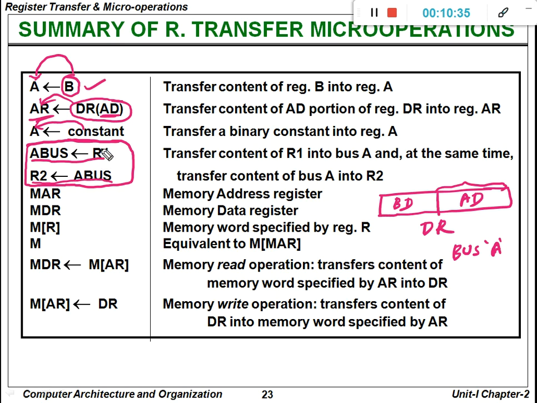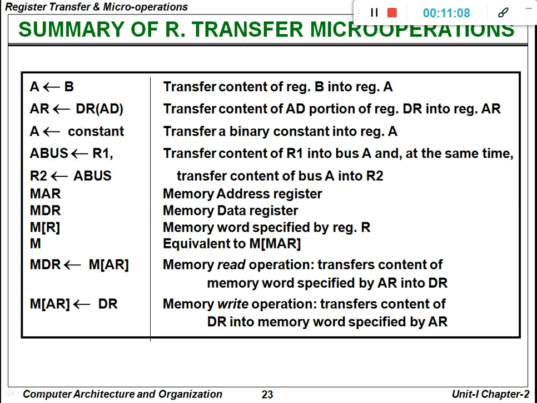First, the contents of register R1 will be transmitted to bus A. So transfer the content of R1 into bus A, and in this particular operation, the contents of bus A will be transmitted to register R2, and both operations will be performed at the same time, because we are separating these two operations with a comma and considering this as a single micro operation.